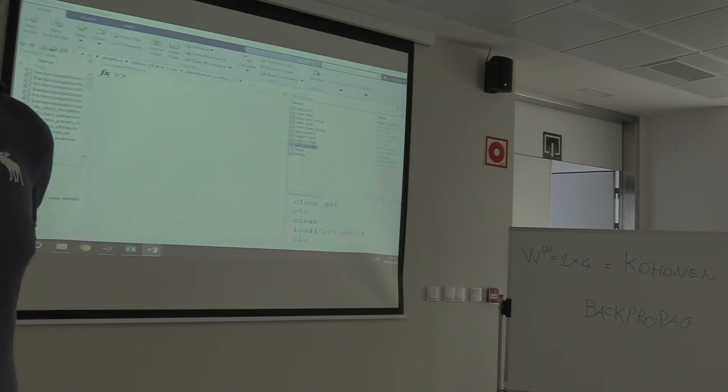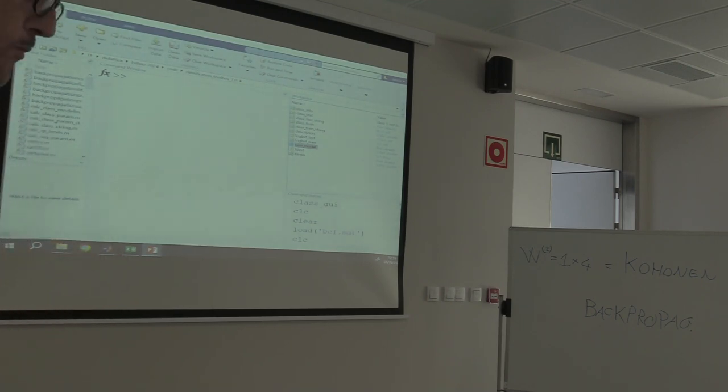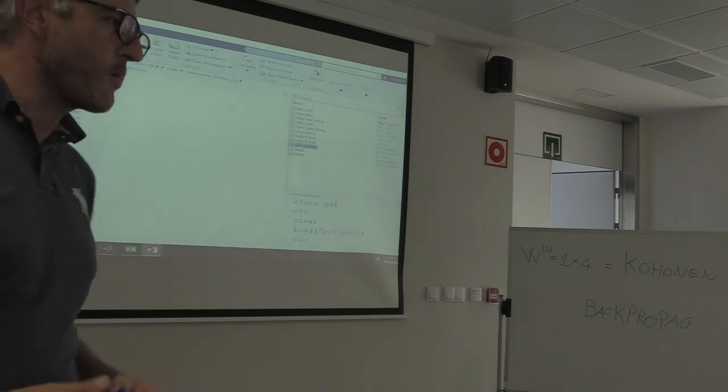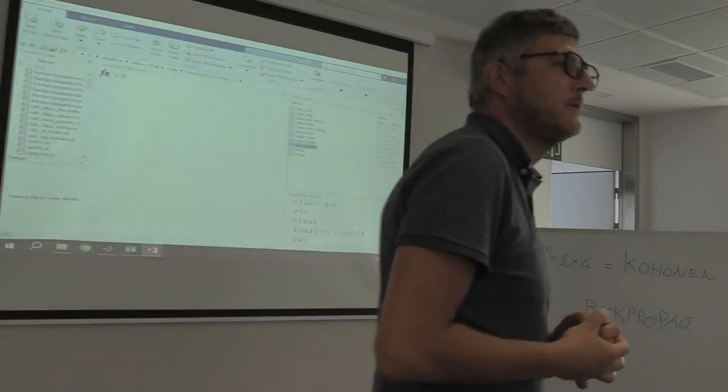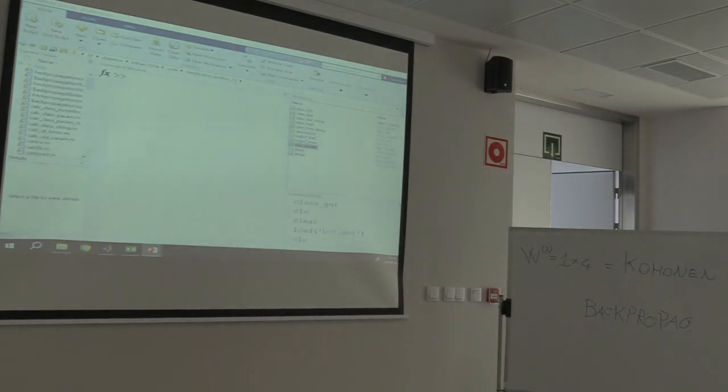Imagine that I have a second sample with the same variables. When you update neural networks, this is also true for other types of neural networks, you can introduce one sample at a time, but it takes ages.